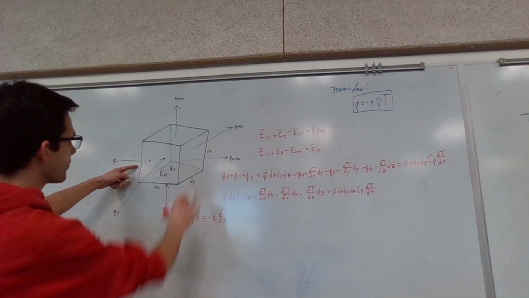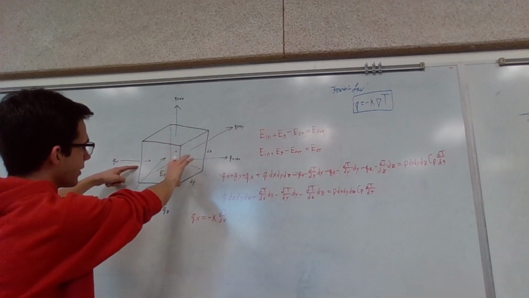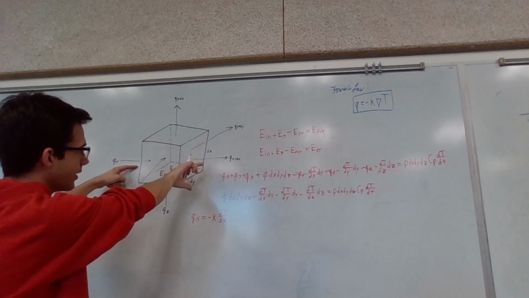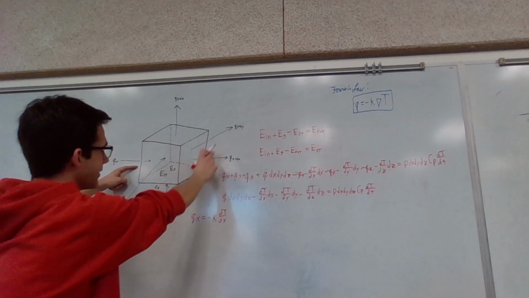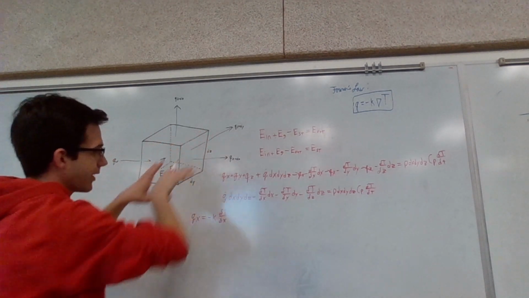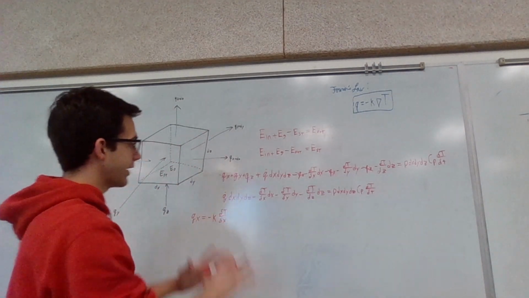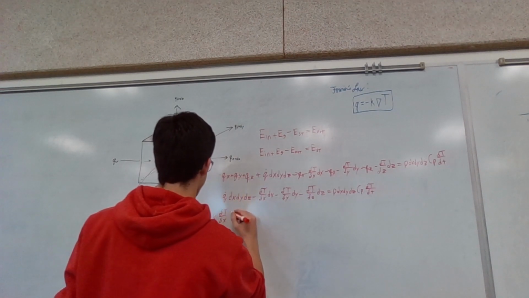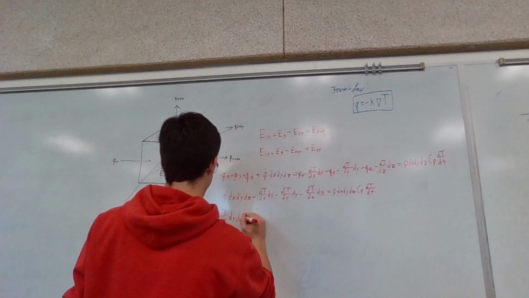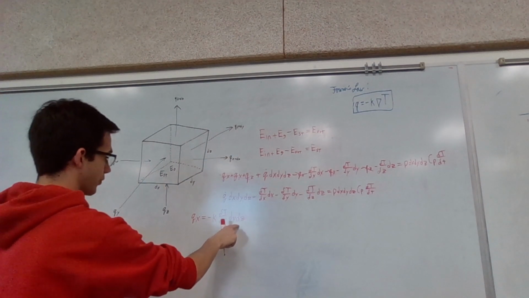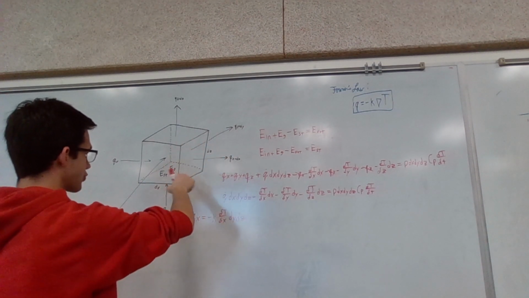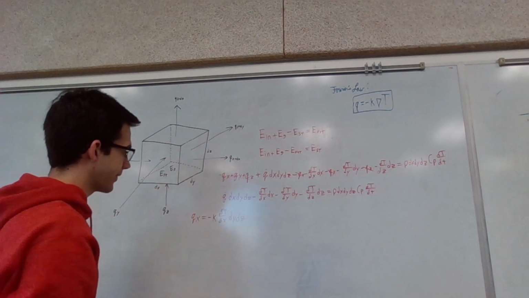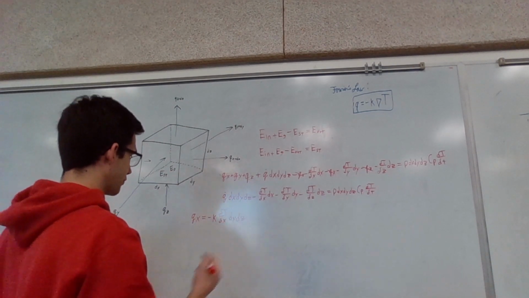And if you look here, it's going through this surface, which is defined by dy dz. That's the area of this surface, and that's what it's going through. All right, so that's our gradient and temperature term right there. So let's multiply that by dy and dz. And once again, that's just our area, our control area, if you will, that our energy is going through. And we're going to do that for each term.